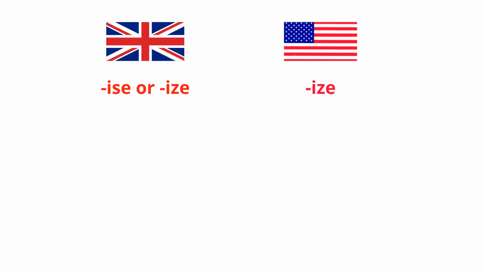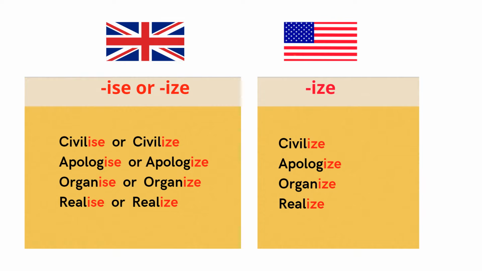Both the IZE and ISE spellings are valid in British English, but in American English, you cannot use ISE spellings. You must use only the IZE. For example, civilize, apologize, organize, realize.